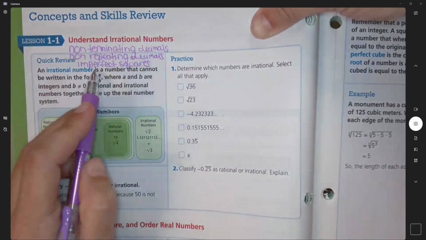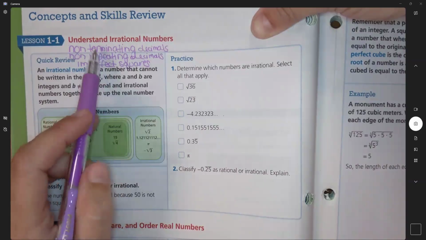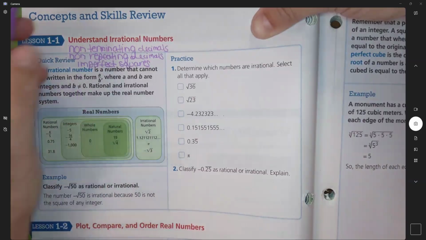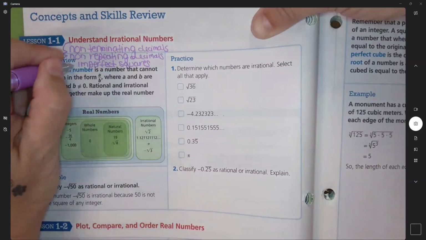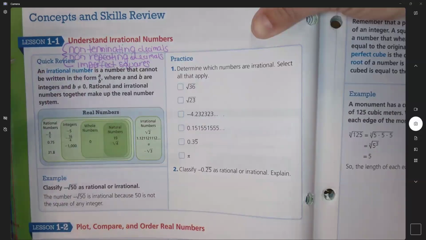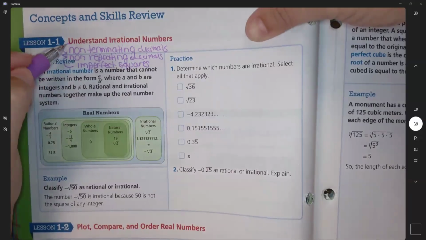If you tried to square a number, you're going to get a non-terminating, non-repeating decimal. But I like to say it because these are the only three things that are considered irrational. If it is not one of these three things, then it's automatically rational. That is the easiest way to differentiate between rational and irrational numbers.